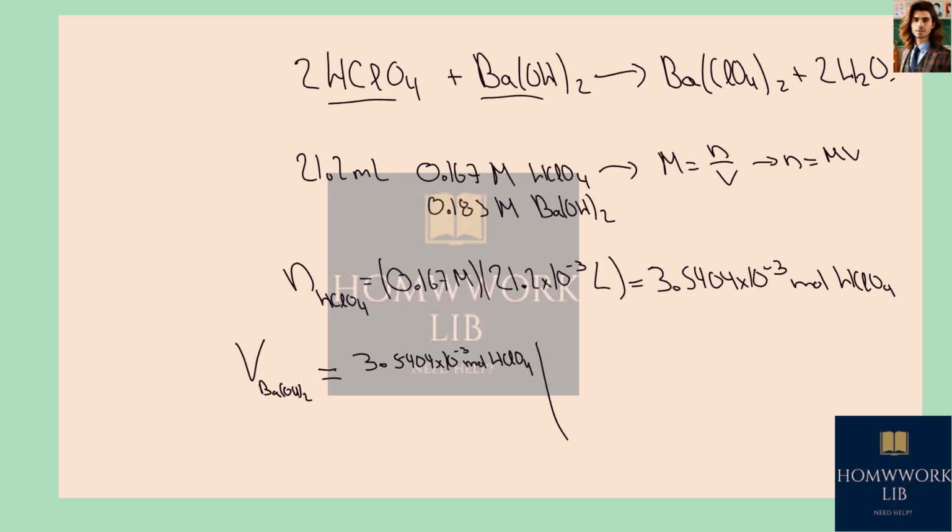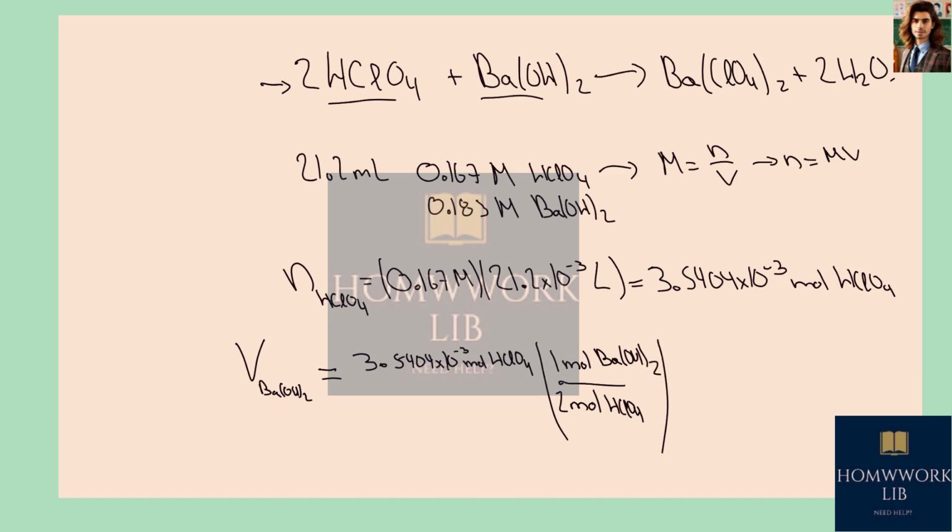Then I'm going to multiply it by the following conversion factor. I know from my chemical reaction that 2 moles of perchloric acid react with 1 mole of barium hydroxide.